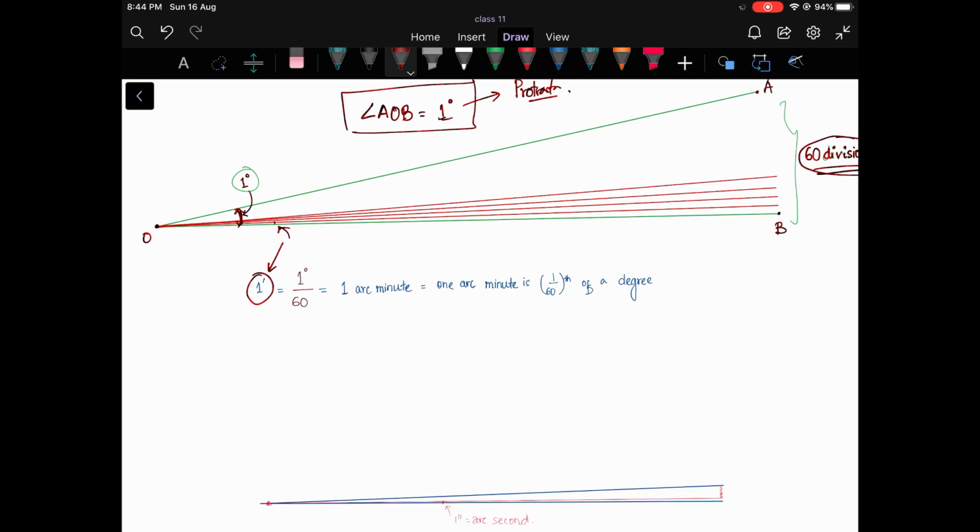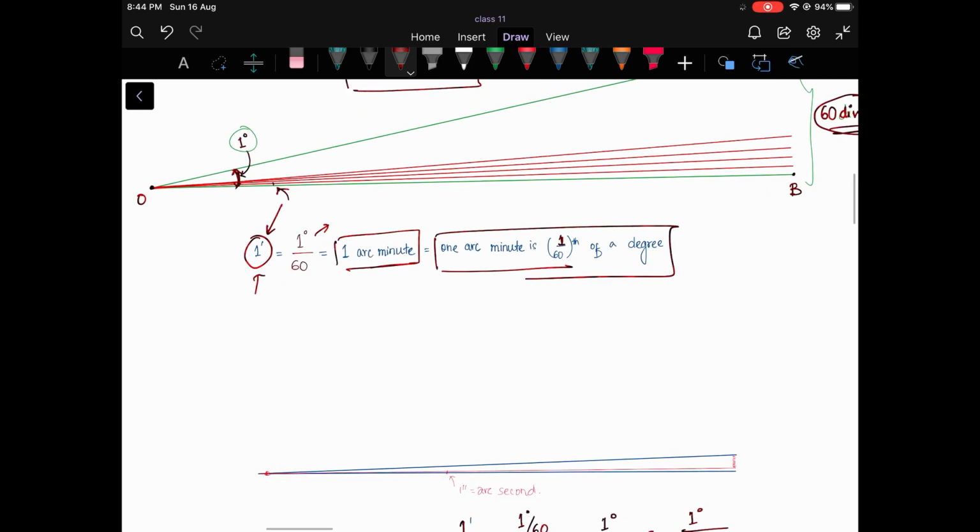So you can see already arc minute is a very small measurement of an angle, that is 1/60th of a degree. That means you have divided your degree into 60 parts, and that one part that you get after those 60 is what is known as 1 arc minute angle for us.